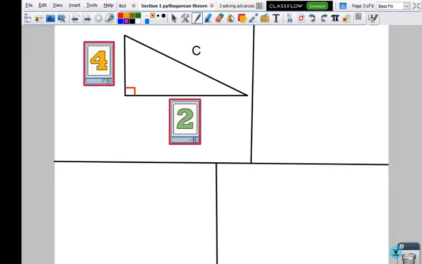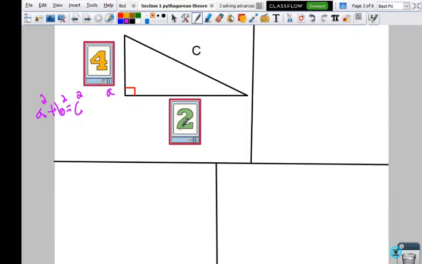Okay. So we're going to use our Pythagorean theorem here and find side C. The Pythagorean theorem is A squared plus B squared equals C squared. On this triangle over here, I'm missing my C. A and B are going to be these two legs here.